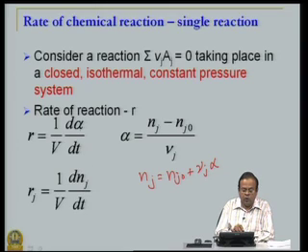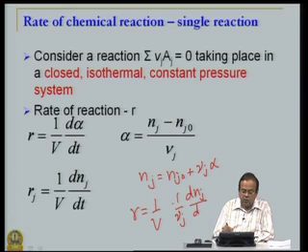So, if you substitute for alpha in this particular expression, then we will get R equal to 1 over V, 1 over nu j, d Nj dt. We can write 1 over V d Nj dt as Rj, and write R equal to Rj by nu j.